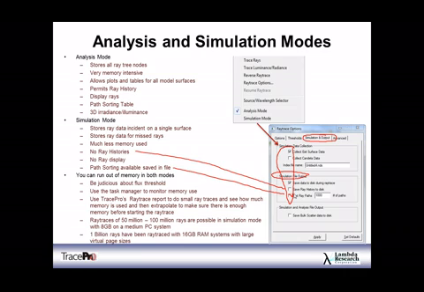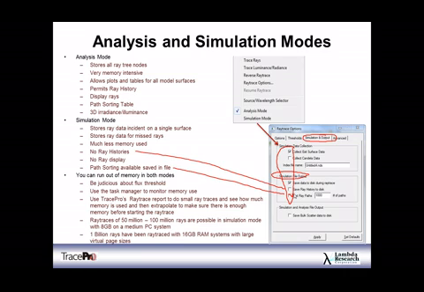Now, ray traces of 50 million to 100 million are possible in simulation mode with 8 gigabytes on a medium PC. But in fact, you might be able to do up to about 31 million within analysis mode if you make sure that the other programs you're using are not taking up a lot of that memory.